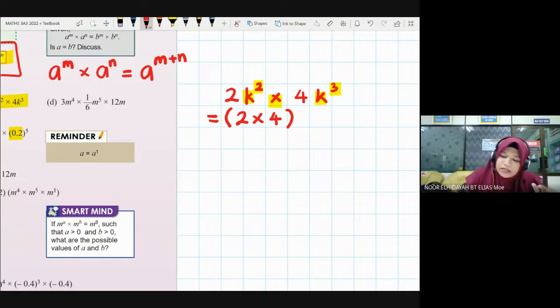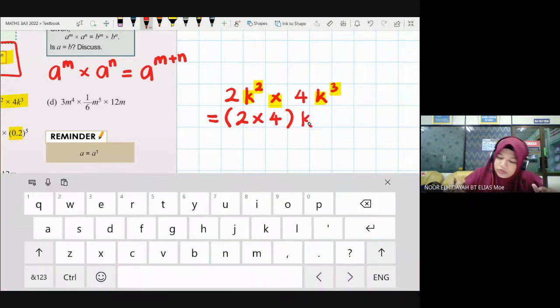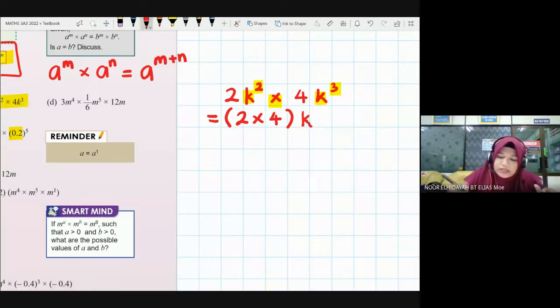Yang ada index tu, kita akan buat operation yang terlibat dengan law of indices. So k to the power of 2, disebabkan this one is multiplication, so you have to add the index. Alright, then you solve. 2 times 4 is 8, so 8k to the power of 5.